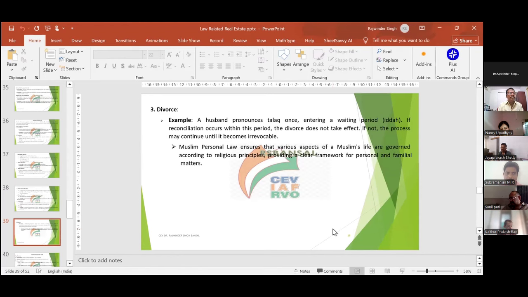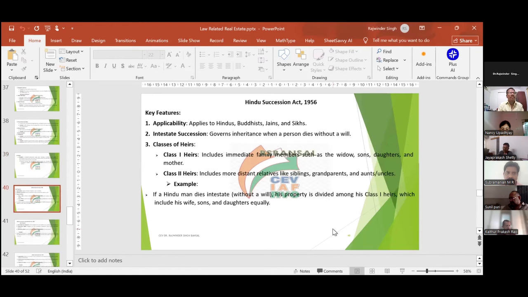So Muslim personal law ensures that various aspects of Muslims' life are governed according to religious principles, providing a clear framework for personal and familial matters. Then, as far as the Hindu Succession Act is concerned, we need not go into details.